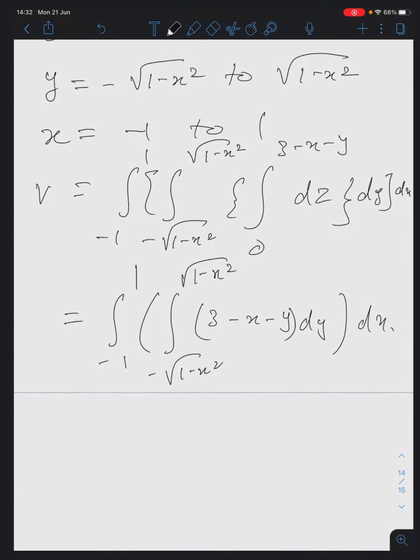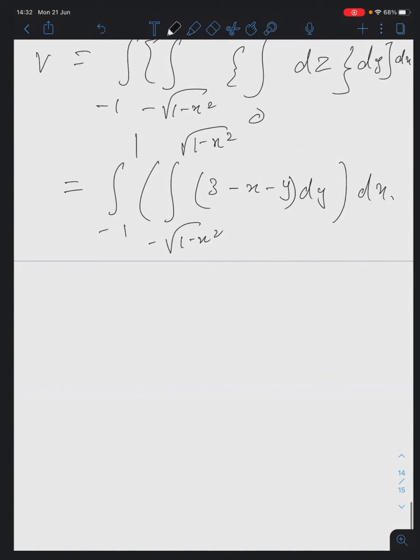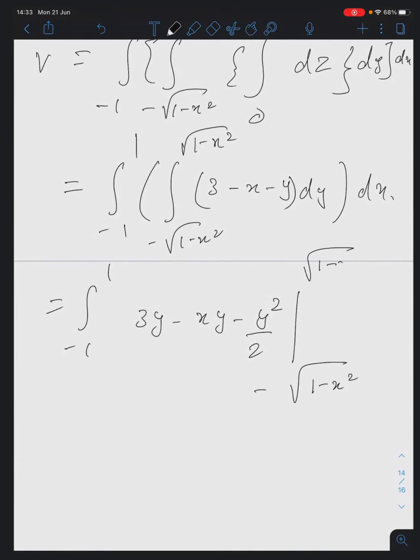So you integrate with respect to y. What you will get? Minus 1 to plus 1, 3y minus xy minus y square by 2, limits minus root over of 1 minus x square to plus root over of 1 minus x square, dx.